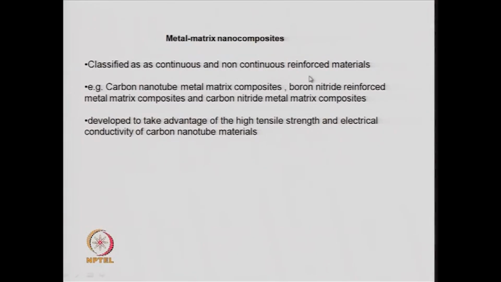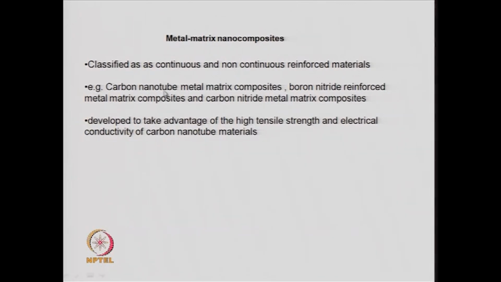Then you can have metal matrix composites, and they can be continuous and non-continuous. For example, you can have carbon nanotube metal matrix composites. So, you can have carbon nanotubes in a metal matrix. The carbon nanotubes here are the dispersed phase, the phase which is in small amount, and the metal is in the large amount.